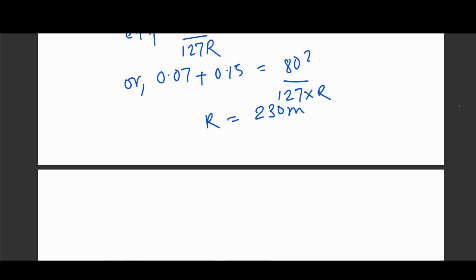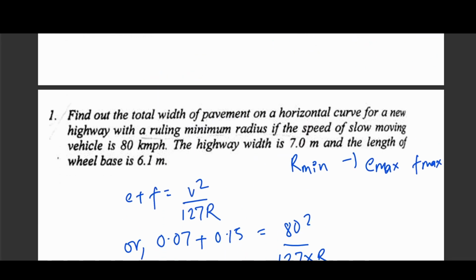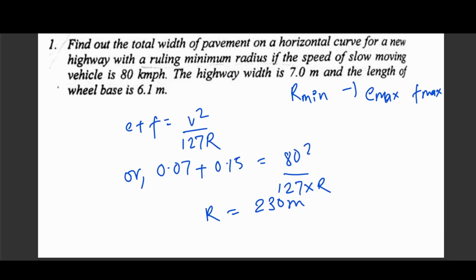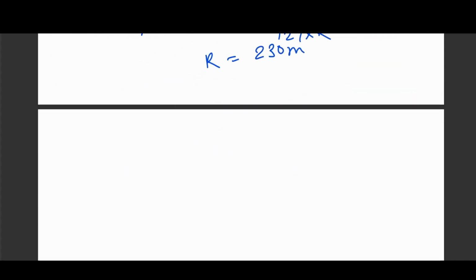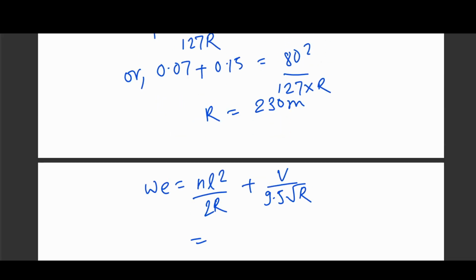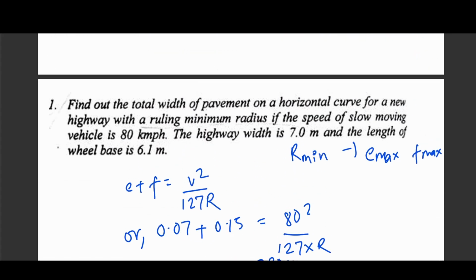I'm not so sure about it, but you can check this data as well. So let's move on to the question. The total width of the pavement on a horizontal curve for a new highway: the highway width is 7 meter and the length of the wheelbase is 6.1 meter. So we know that the extra widening We equals nl square divided by 2R plus v by 9.5 root of R. What will be the value of n? n equals 2.